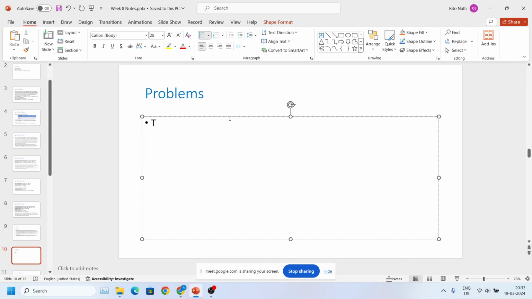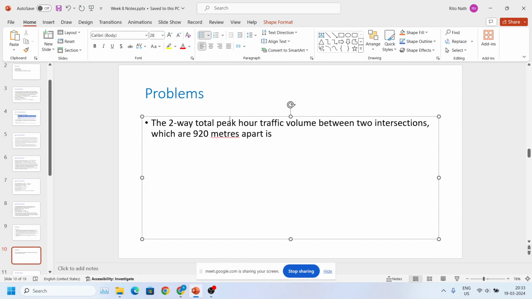The two-way total traffic volume between two intersections, which are 20 meters apart, is 4250 vehicles per hour.